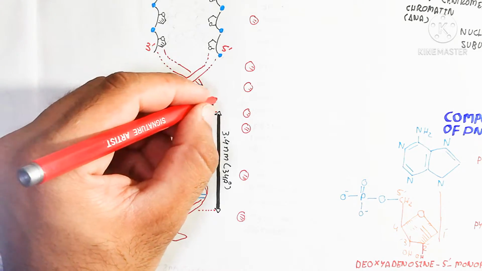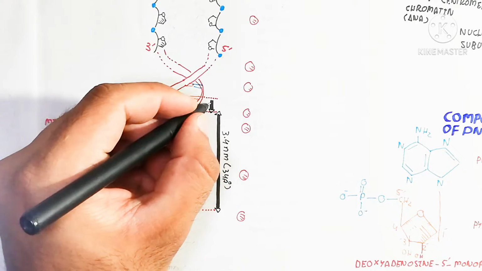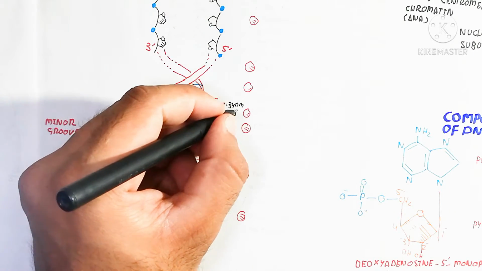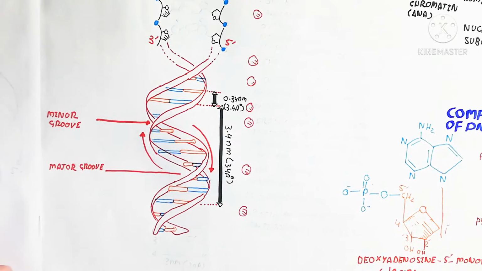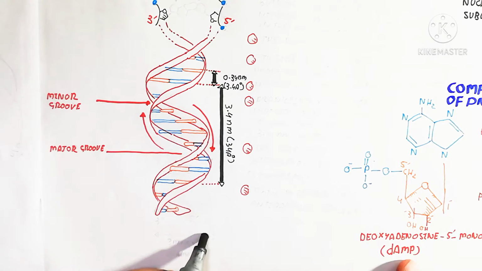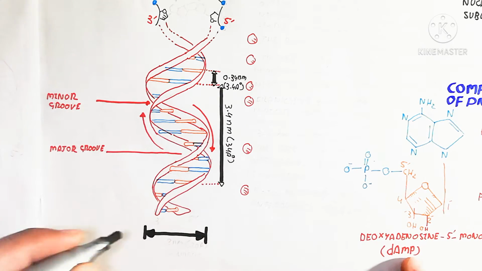For example, after one pair of nitrogenous bases joined by hydrogen bonding, the distance to the next pair is 0.34 nanometer. It is also known as 3.4 angstrom. I hope this concept makes sense.